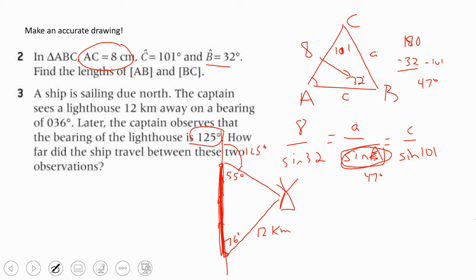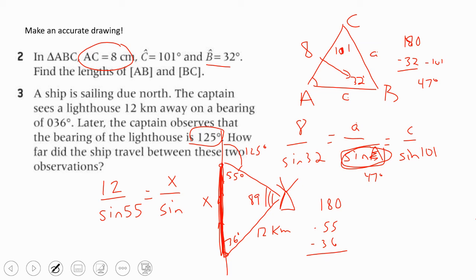So 12 over the sine of 55 equals how far we traveled over the sine of, now I need to find my angle right here. Well, 180 minus 55 minus 36. 55 and 36 is 91, so that leaves us with 89.